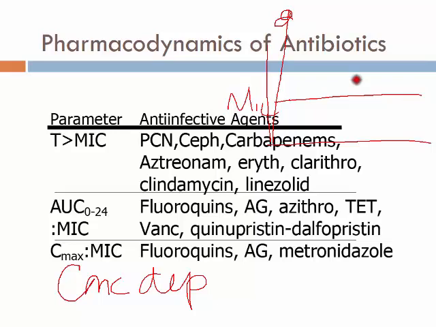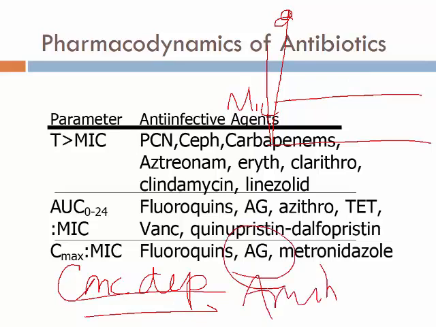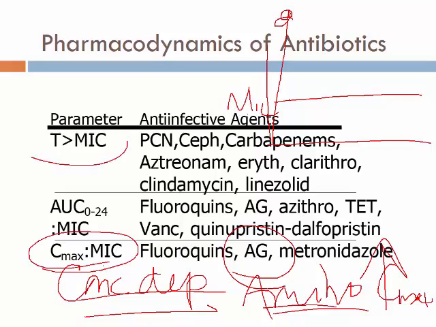So you need to knock that thing out. So these are concentration-dependent killers. The biggest ones are aminoglycosides, where we want to make sure we get a very high Cmax to MIC ratio so that we can punch that bacteria out. So these are concentration-dependent killers, time-dependent killers, and these are exposure-dependent killers.